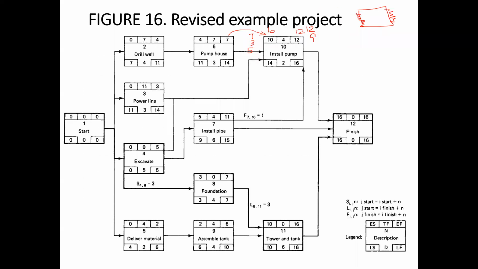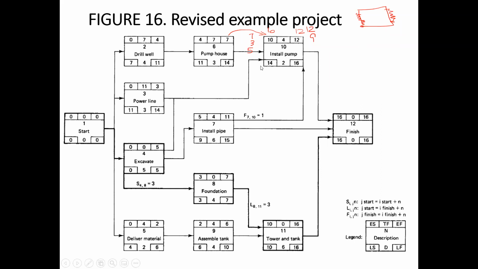If we move the power line by 2 days, it will be finishing at 5, and its following activity is install pump, which is starting at say 10 over here. So in this case, it is not going to affect it.